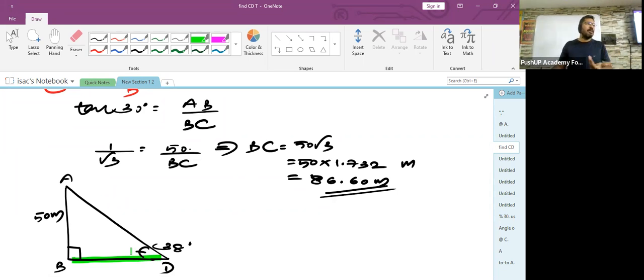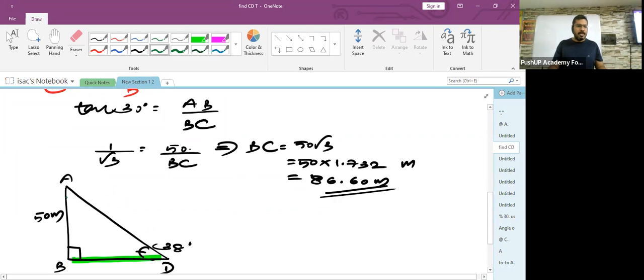In order to overcome that challenge, you can make use of the property of complementary angles. In the first session, on Monday, I taught you. These two angles are acute angles. So if one of the acute angles is 38, the other acute angle will be 90 minus 38, which is equal to 52 degrees.